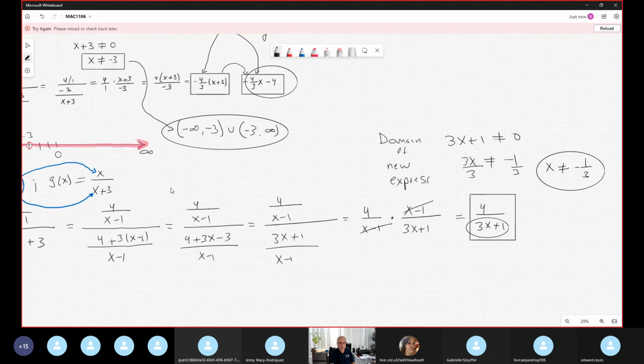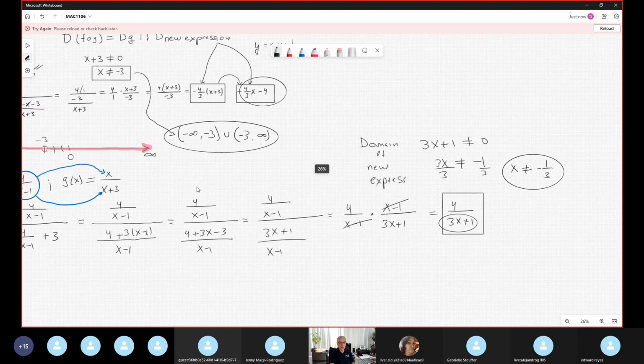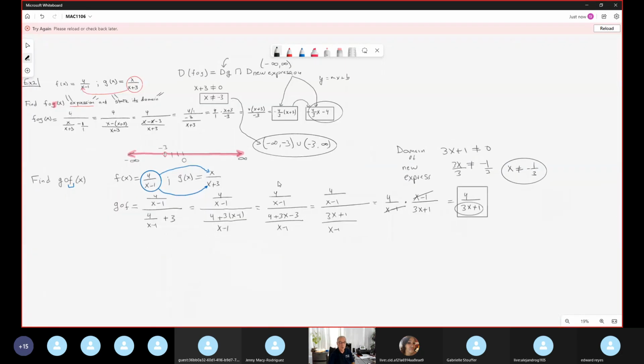Okay, so we come back again to the famous formula. That famous formula, I want to copy one more time. Domain of g composition f in this order is the domain of f, which is the first function. This is most important. Intersection, domain of the new expression. Domain of f, look, this is f.